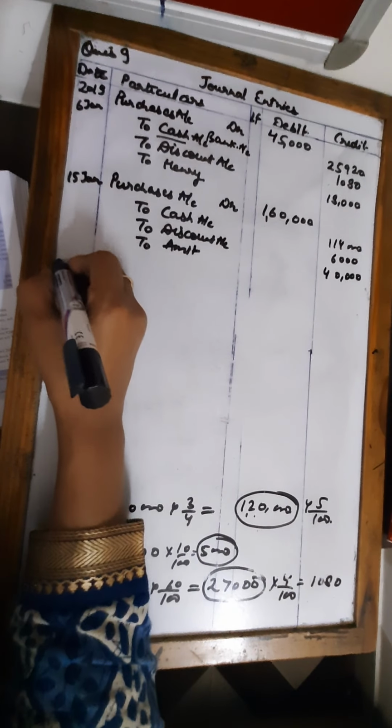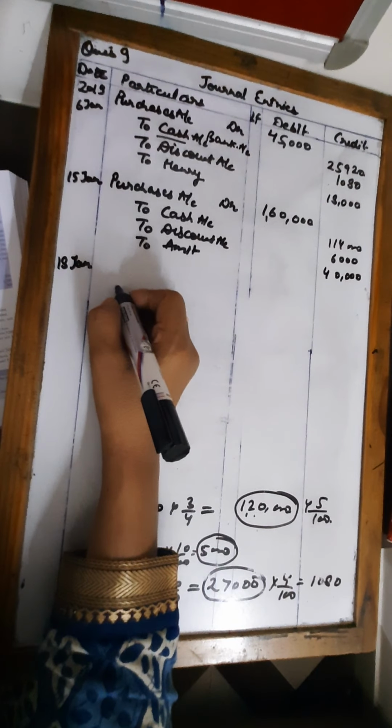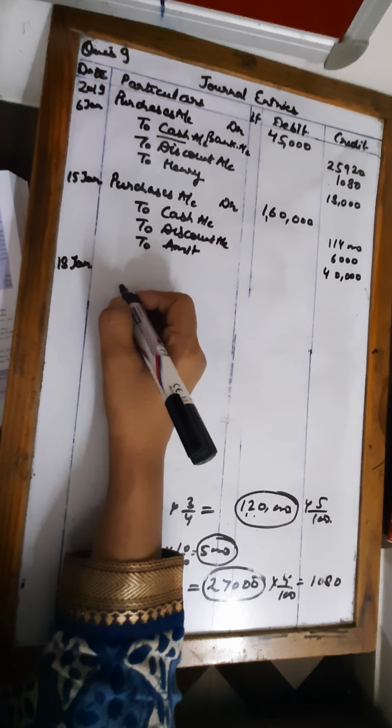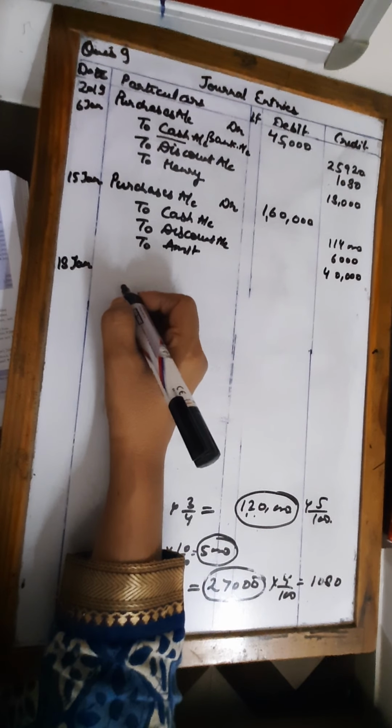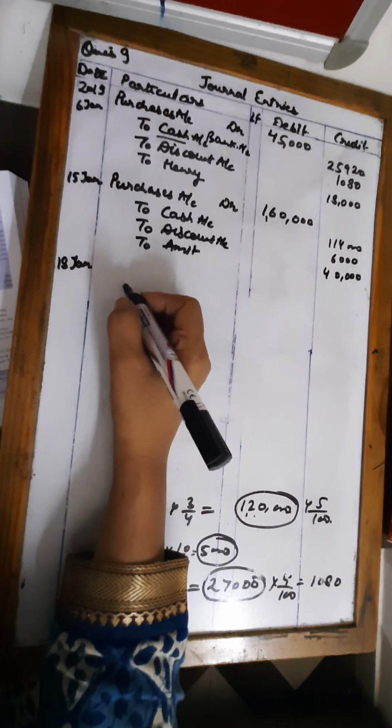Next, 18th January. Sold goods to Shirpa at the list price of rupees 50,000 less 20% trade discount and 4% cash discount if the payment is made within 7 days. 75% payment is received by check on January 23rd.